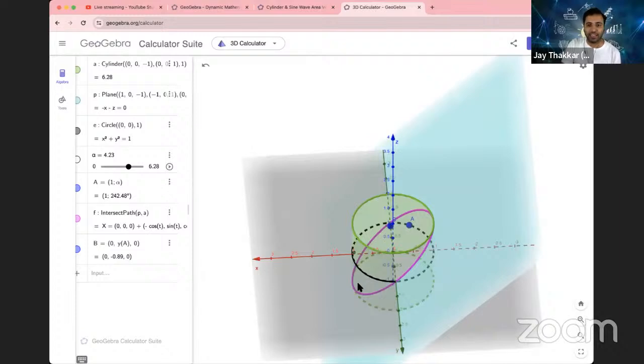Then once again at the angle pi, it would go to -1, and once again it becomes 0, and so on. The question is, how can I derive the height of this particular point? Any thoughts on that?